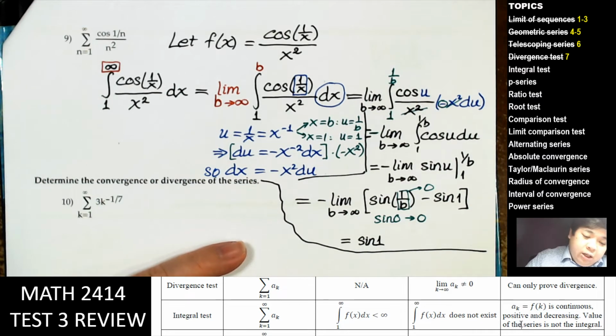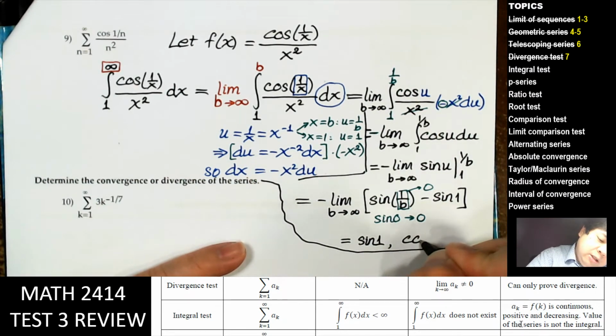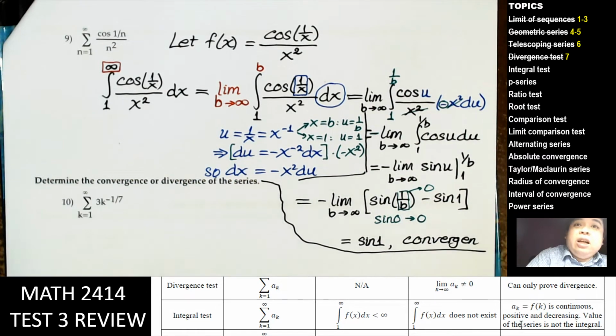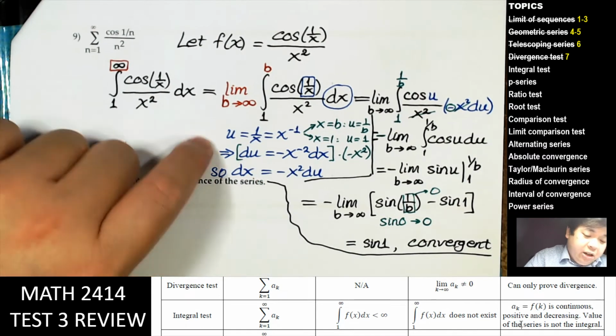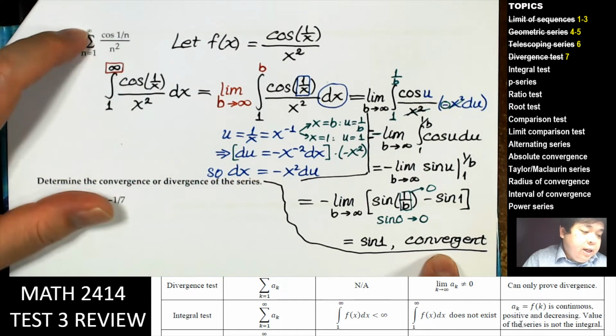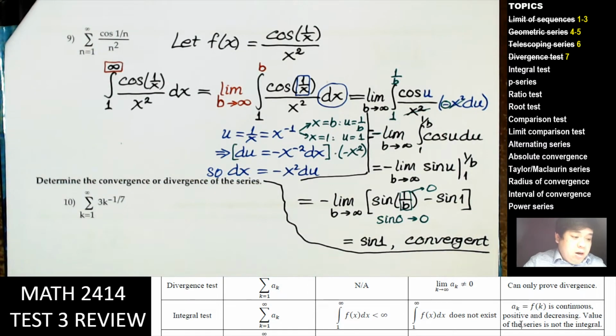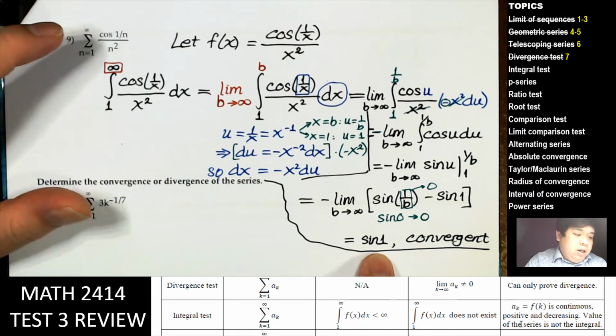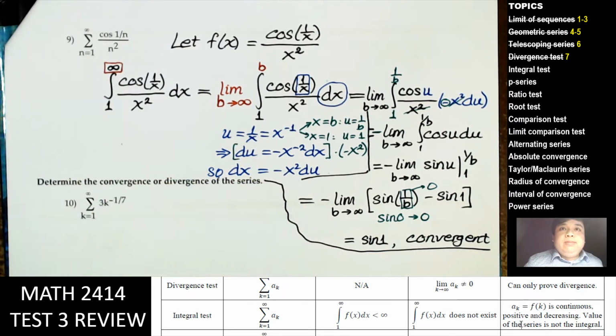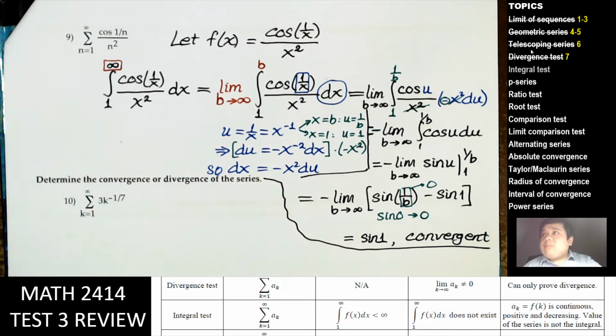So this one is convergent. If the integral is convergent, then the series is convergent as well. But that is not the sum of the series. As long as the integral is equal to a finite number, it is convergent.